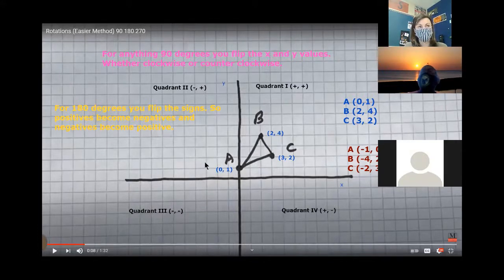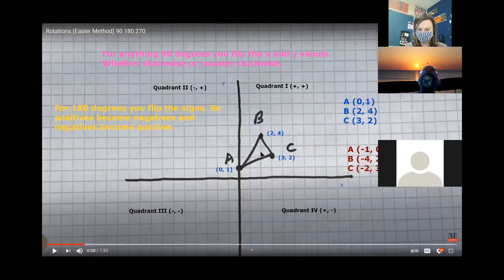I could go 270 degrees this way, or I can do what? Does anybody see what else I could do? I can rotate it 270 degrees this way, going counterclockwise, or I can rotate it 90 degrees clockwise. I never go 270 degrees, ever.